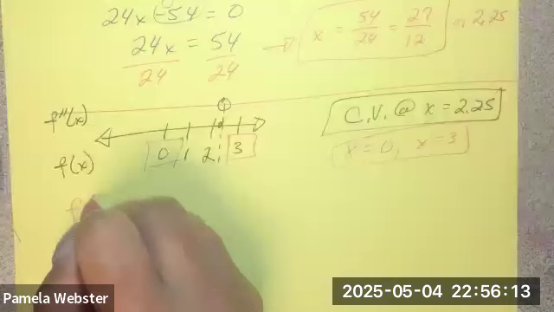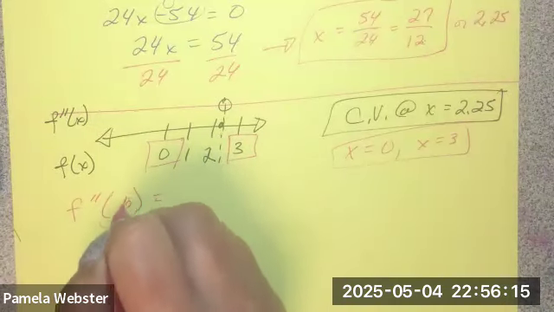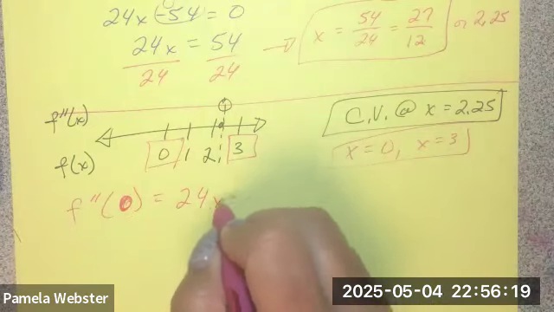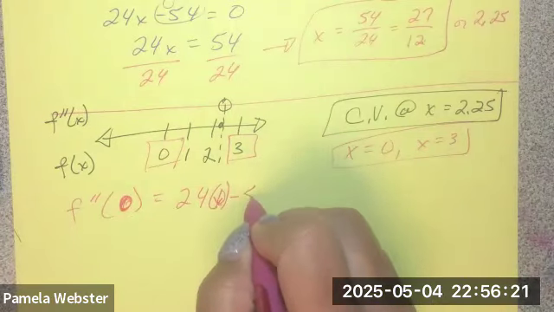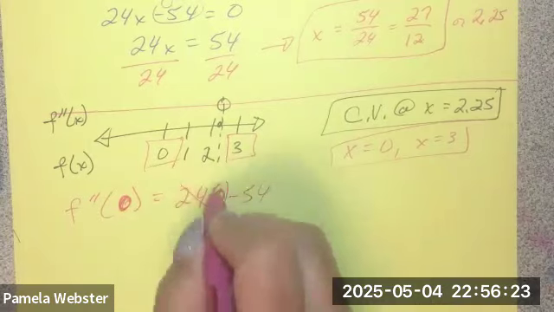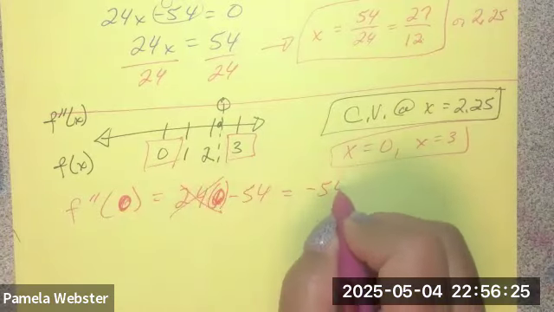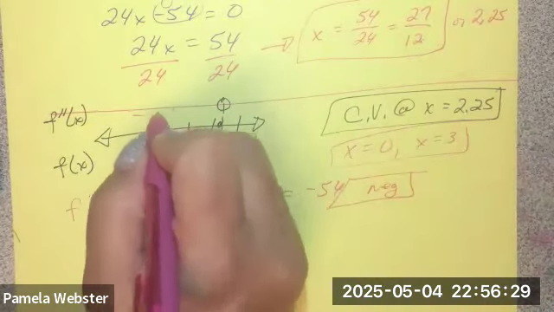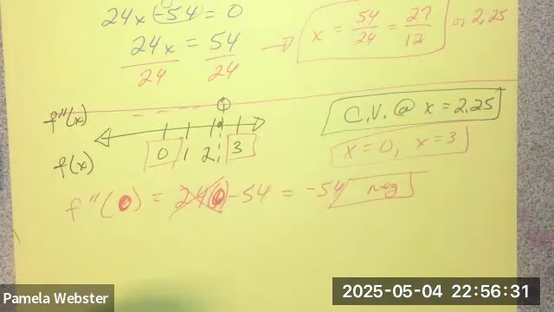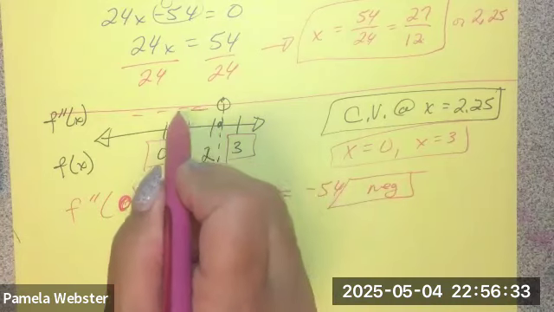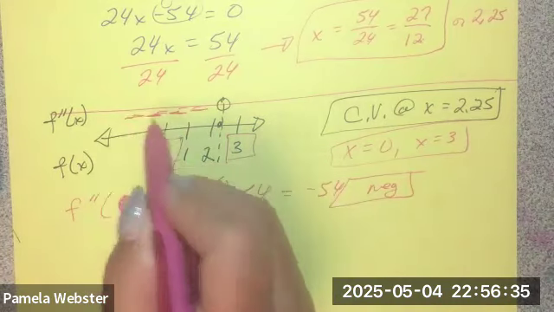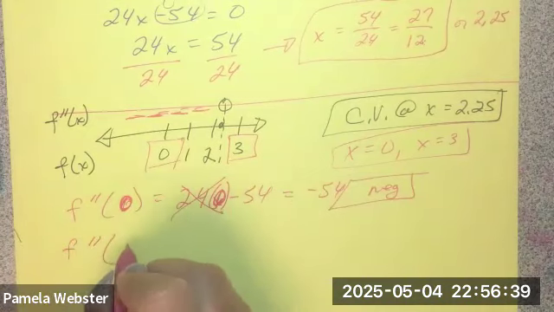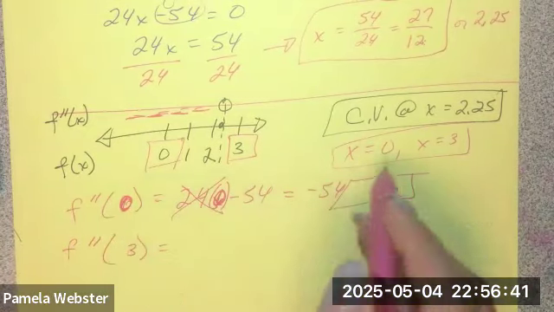So f double prime of 0, 24 times 0 minus 54 times 0. That guy goes away. This is a negative 54. That's negative. Okay. Probably this is going to be positive, but we did see some examples when we were working stuff up where sometimes it's not. So let's just be double sure.